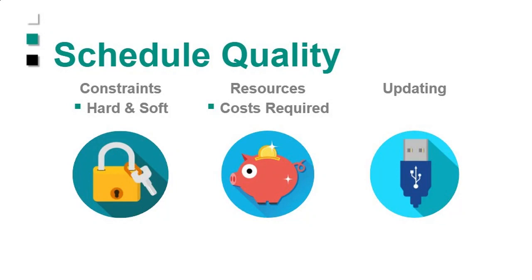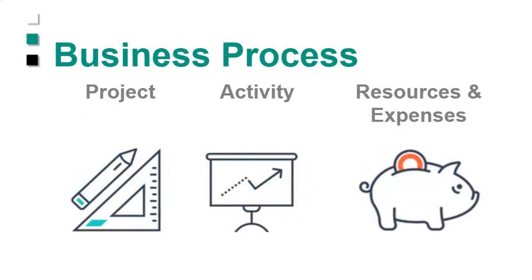Now, you can also add your own business process requirements, like activity naming conventions, whether you're going to have resources, expenses, cost accounts, etc. So there's a lot of business process items you can insert as well. And then the different standards, or metrics, will be run against those.